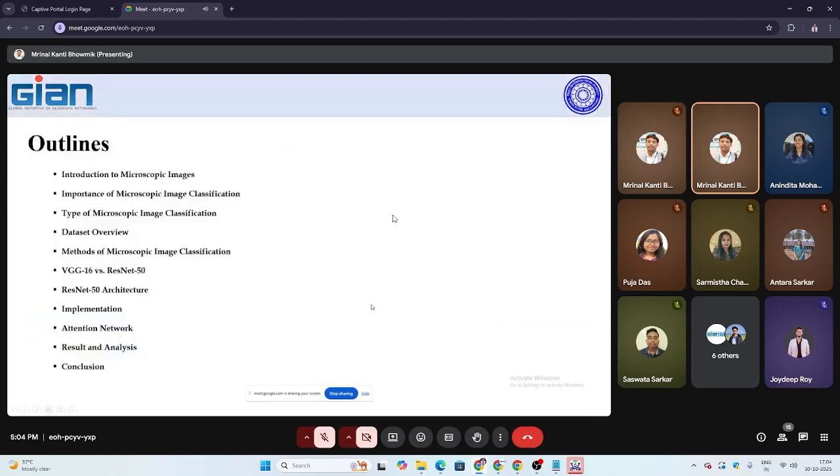My outline is: introduction to microscopic images, importance of microscopic image collection, types of microscopic image collection, dataset overview, then methods of microscopic image classification, VGG16, why you should use VGG16 and also ResNet architecture, and the implementation.